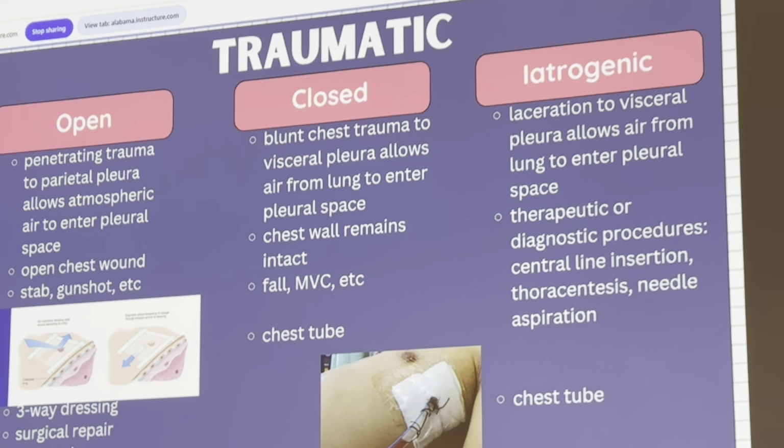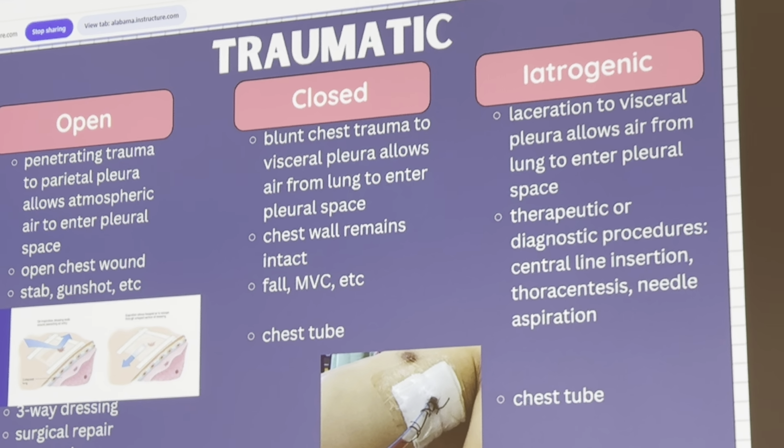Another thing, a closed traumatic pneumothorax. So it's blunt force trauma. Blunt force trauma. Nothing penetrating. So maybe I fell, or again, maybe a motor vehicle accident, but it hasn't punctured that intrathoracic space.